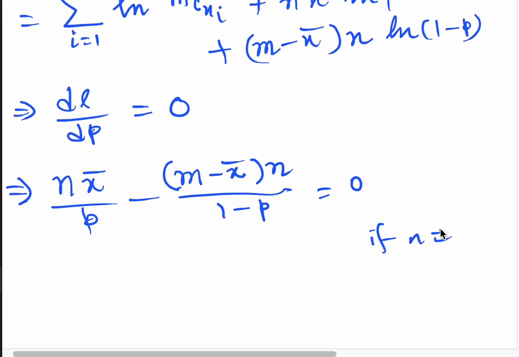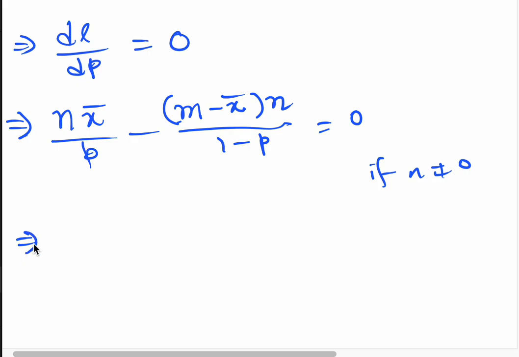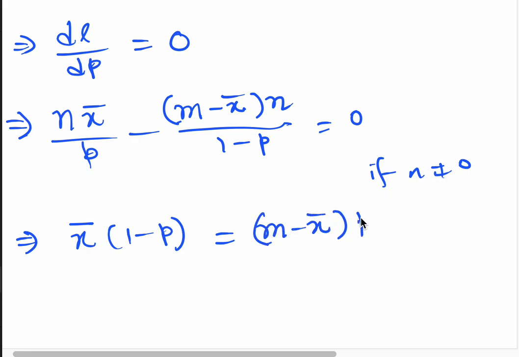If n is not equal to 0, then x bar (1 minus p) equal to (m minus x bar) p.